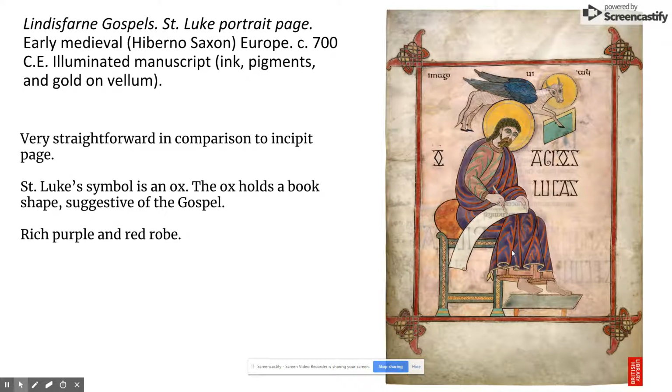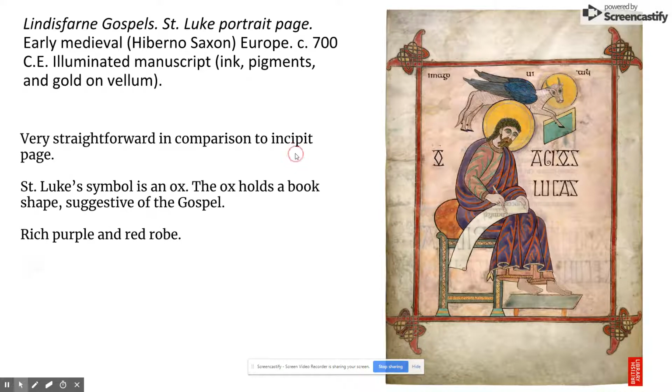What we get instead are linear designs to suggest a body underneath. So it's not about 3D illusionism or shading. It uses linear patterning to express the same idea, but obviously very differently.